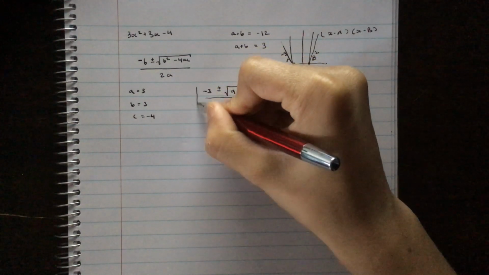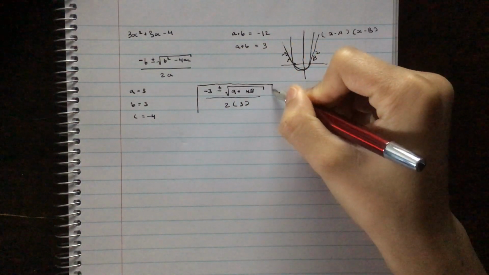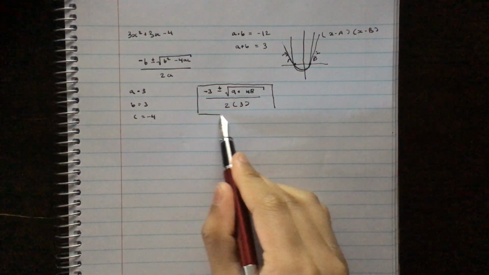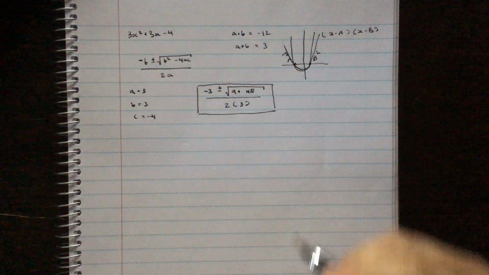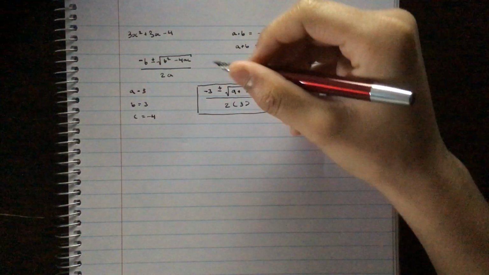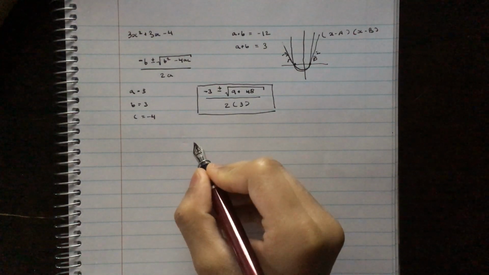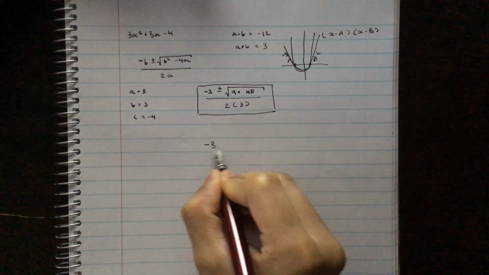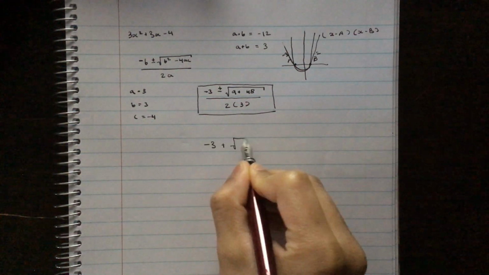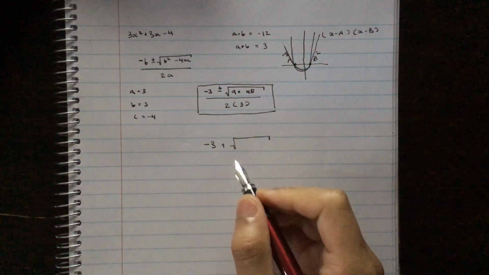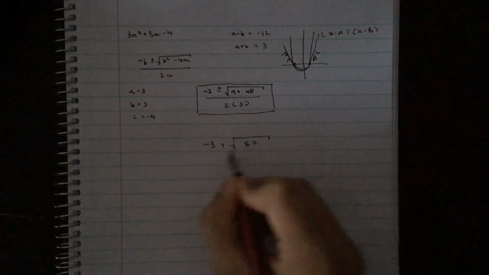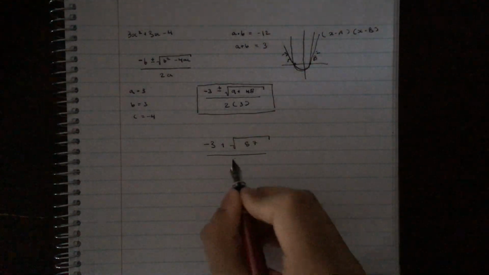So when we change the positive and negative signs, we get different values for where x should be equal to 0. So let's say you had negative 3 plus, let's add these together, which is the square root of 57 over 6.